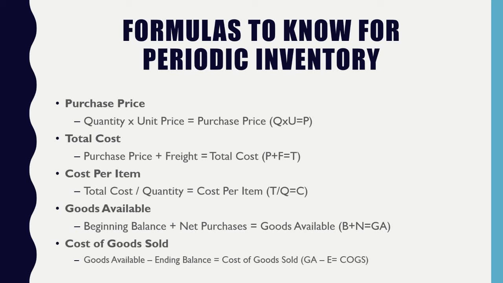It's going to be the quantity multiplied by the unit price, and you're going to get a purchase price. Then we're also introduced to freight. So when we're looking at total cost, it's going to be everything that's included in inventory, right? So that's going to be your purchase price plus your freight expense. And that will give you a total cost.